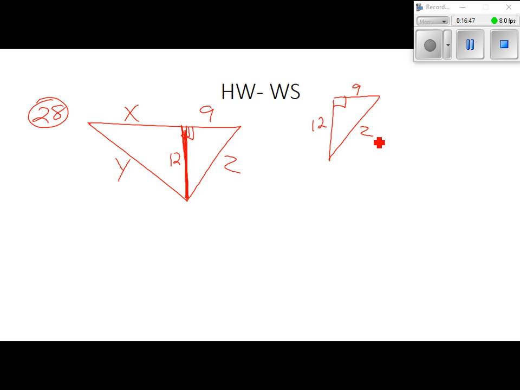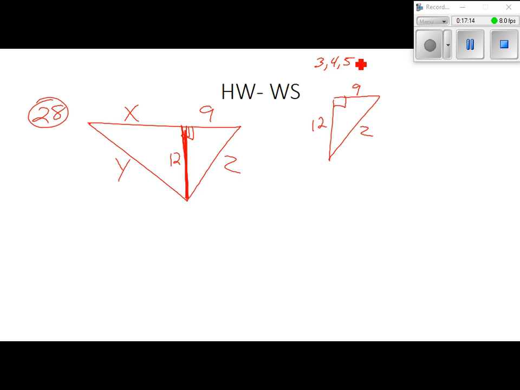This actually fits one of the triples. Anybody see which triple it fits? Fits into 3, 4, 5. This is the smallest leg. What do you do to the smallest leg if it matches up to 3?